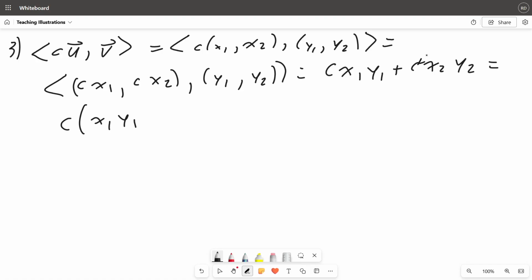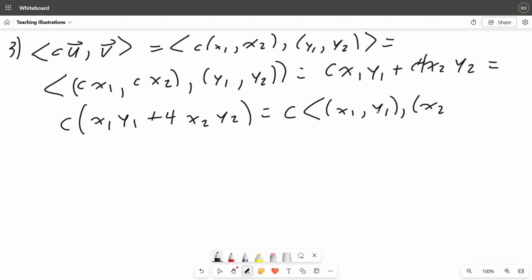I keep forgetting the 4, don't I? That's so silly. Don't make that mistake. So c times (x1y1 plus 4x2y2) is c times <(x1, x2), (y1, y2)>.